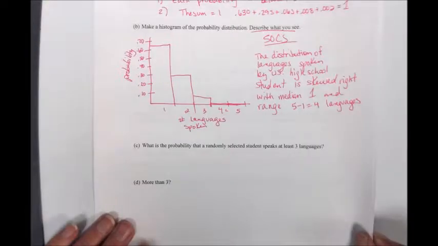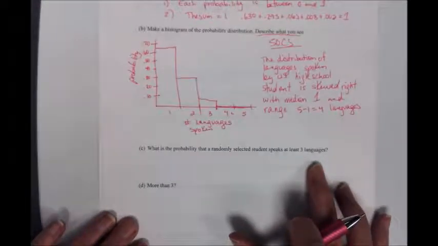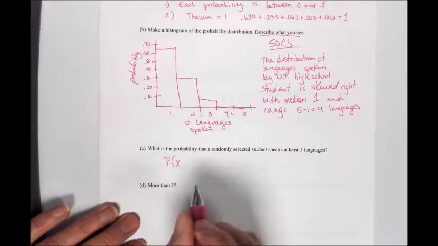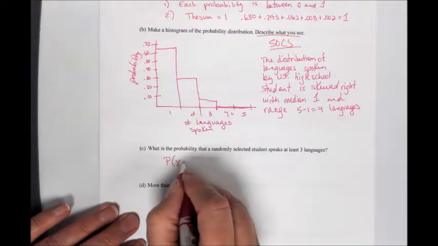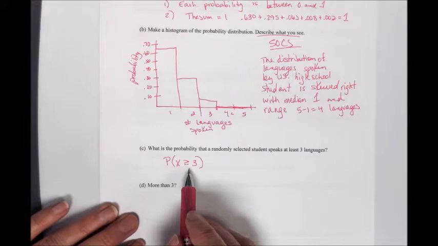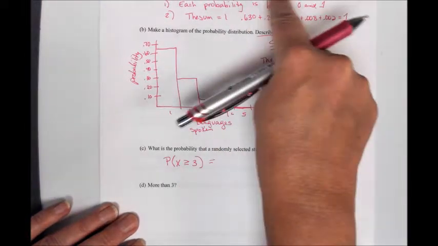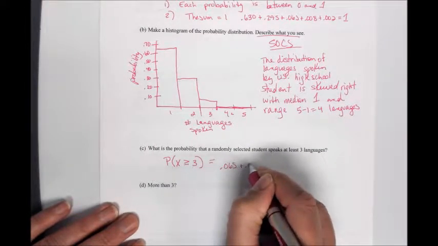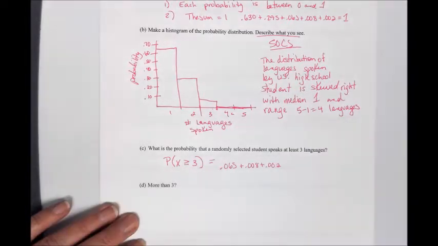So what is the probability that a randomly selected student speaks at least 3 languages? So again, I want us to get in the habit of writing. What's the probability? Again, X is a random variable. At least 3 means 3 or more. So that or equal to matters here. So 3 or more would simply be adding up these 3 boxes. So 0.065 plus 0.008 plus 0.002. Again, always show your work.